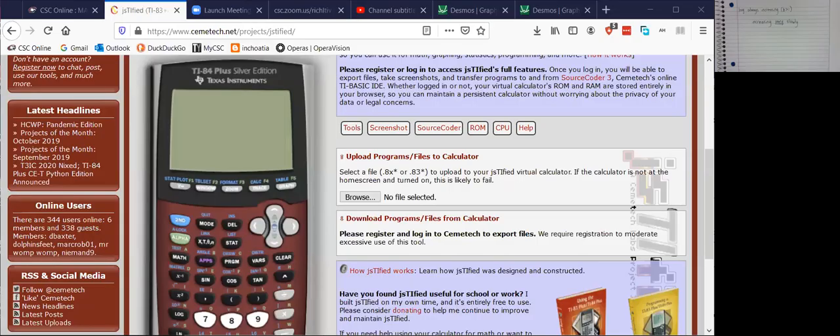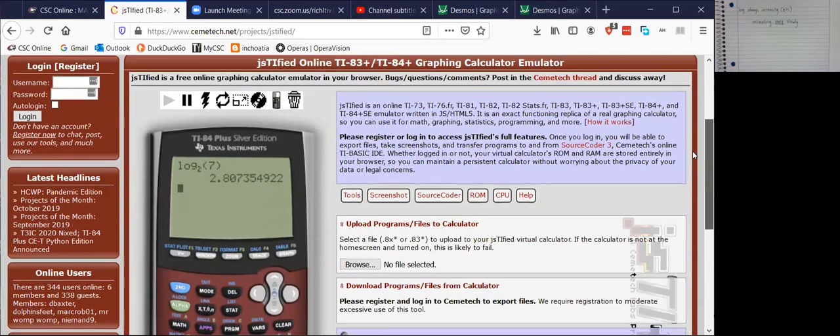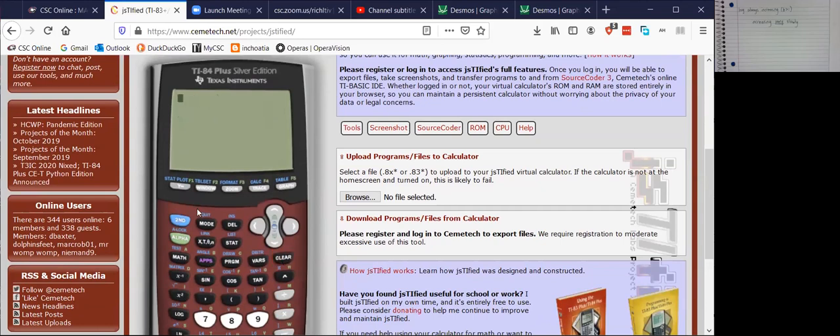Let me just give me a second to get our calculator up on the screen so that I can share it. Here we go. And let's look at a logarithm.